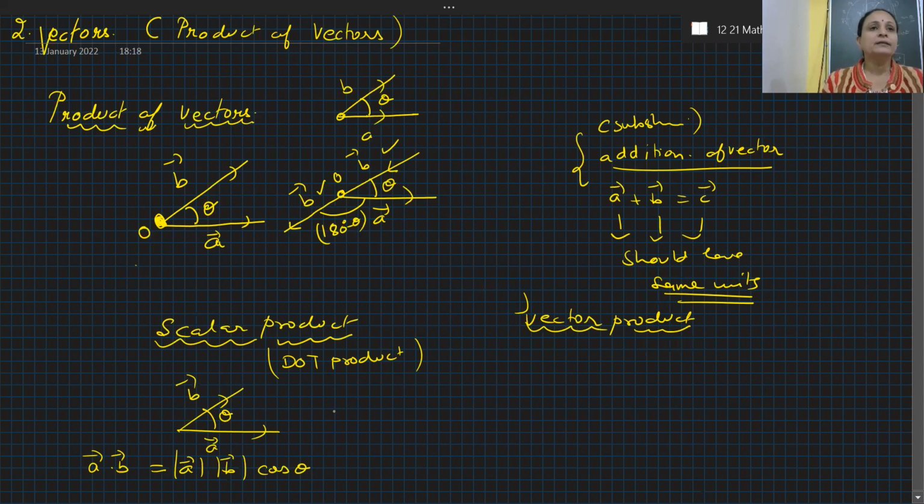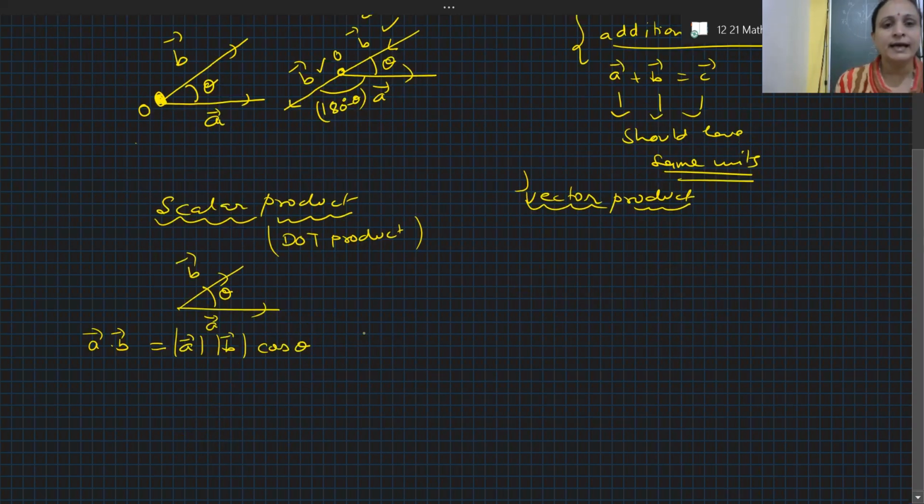This can be done either as the scalar product of the vectors or as the vector product. Now, what do you understand by the scalar product? The scalar product means I have vector A multiplied by vector B and there is a dot between them. What is the meaning of this dot product or scalar product? A dot B is equal to modulus of A into modulus of B multiplied by cos of theta between them.